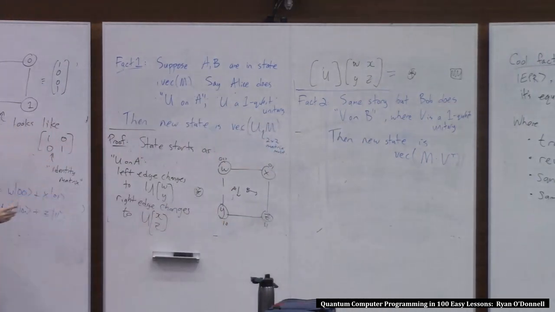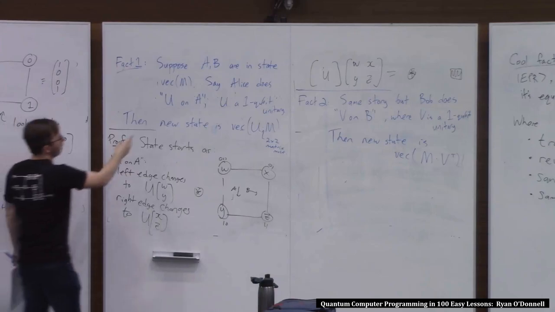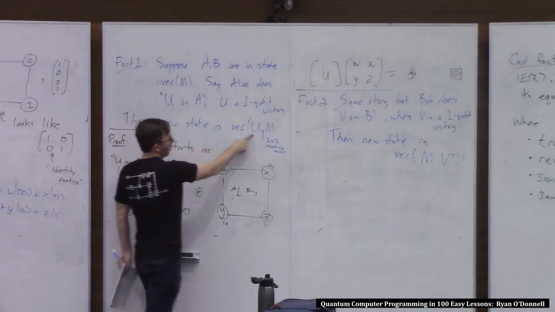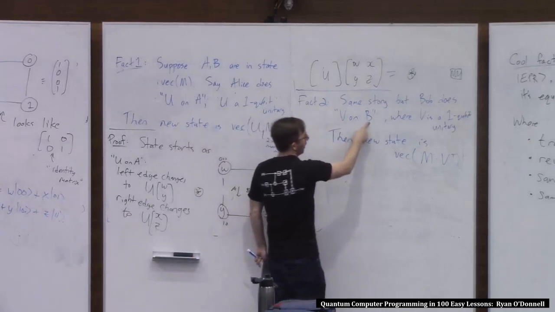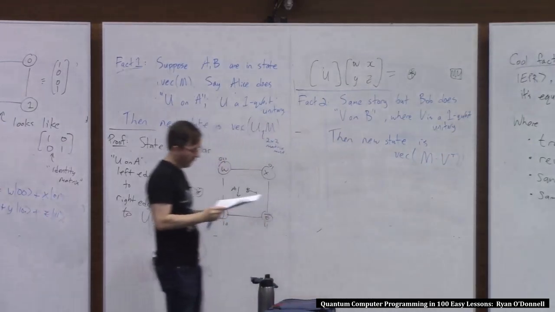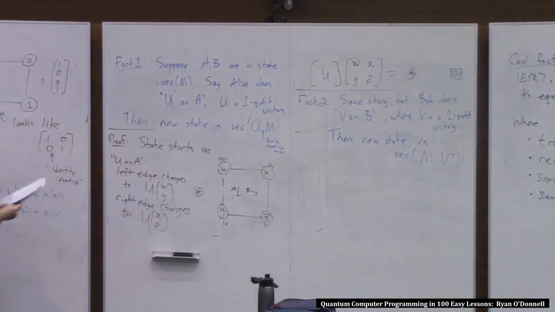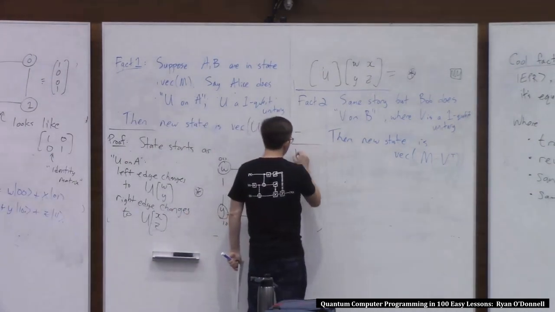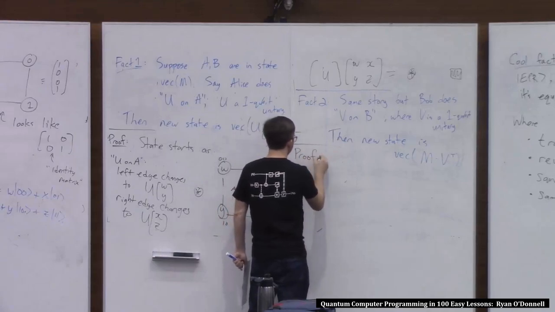So notice the transpose. Here, U is acting on the left qubit, so we left multiply by U. Here, B is the right qubit, so we multiply on the right. We also have to put a transpose. So why is this true? Again, you just write down the definitions and it checks out.